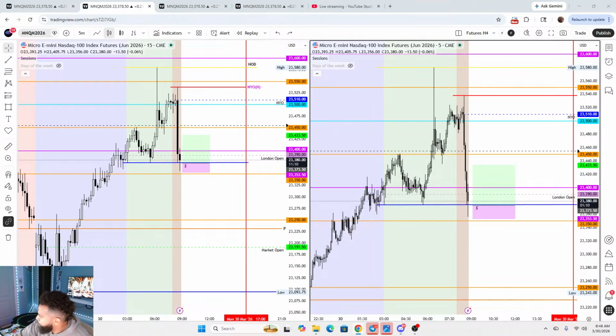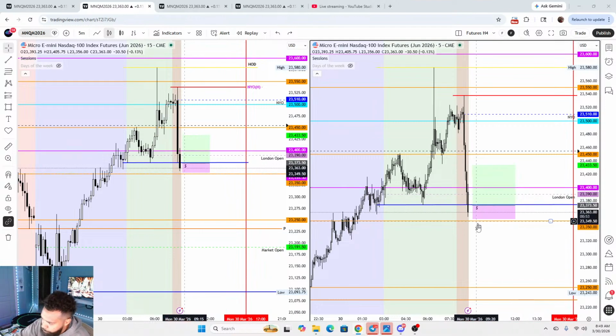All right, those 80s look interesting here with the LQ grab. Still watching ES. Still not seeing it yet on the 1 minute. Still looks heavy. So invalid still, just waiting.